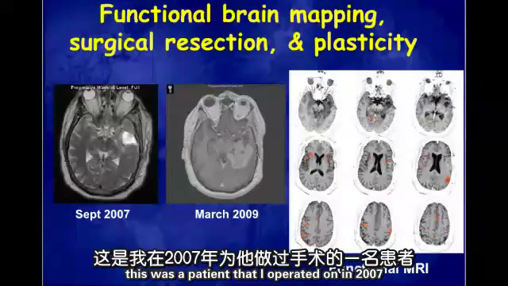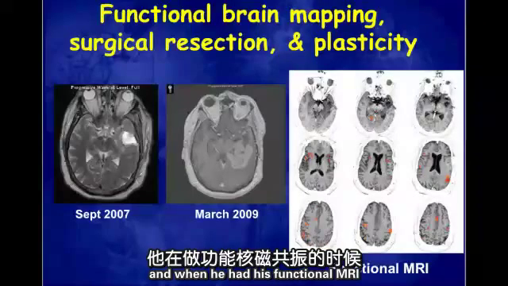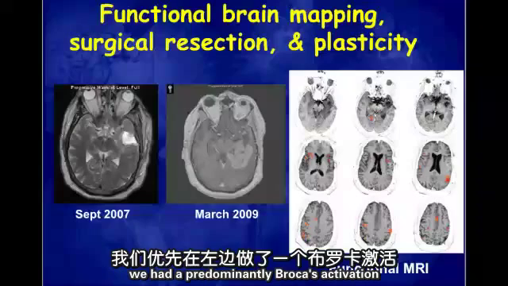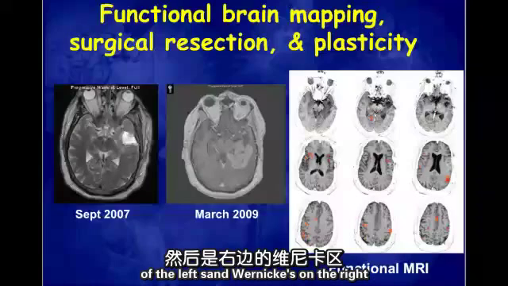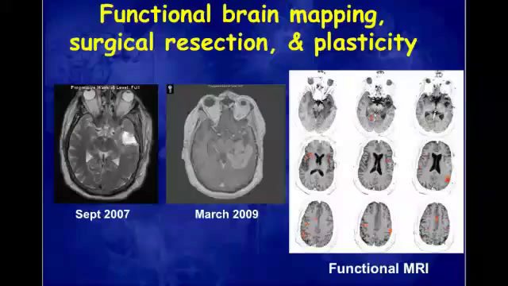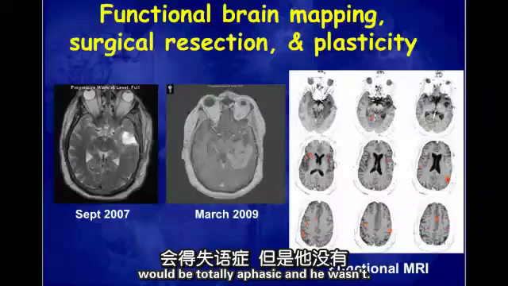This was a patient that I operated on in 2007 for a small tumor right there. And when he had his functional MRI, he had predominantly Broca's activation on the left and Wernicke's on the right. And then he had a tumor recurrence in 2009 right in this area. But he was functionally intact. You would think someone with a tumor in this area would be globally aphasic, and he wasn't.